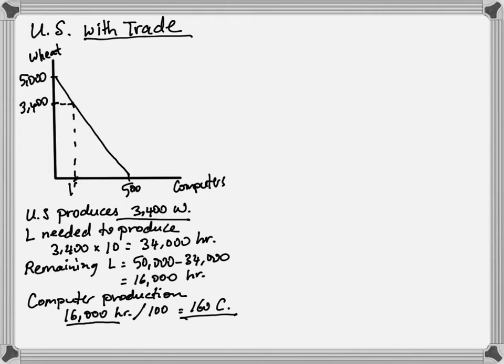Let's put that here, 160. And here's the production possibility for the United States after specialization and after making that decision to trade with Japan.